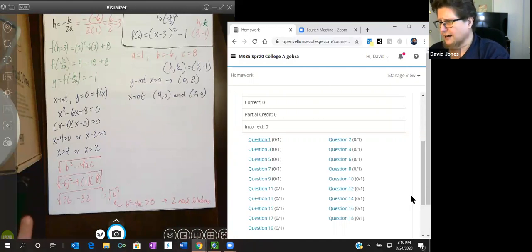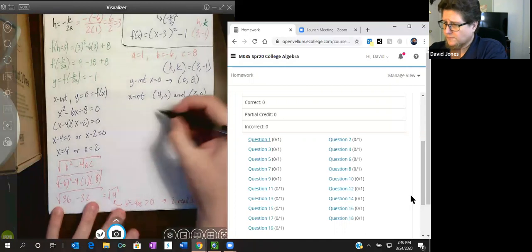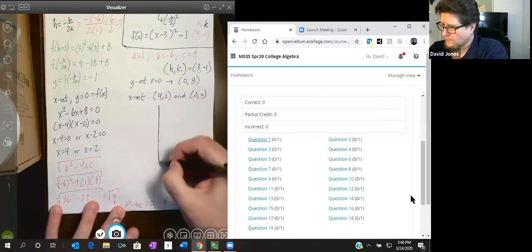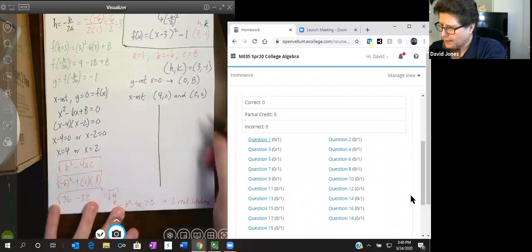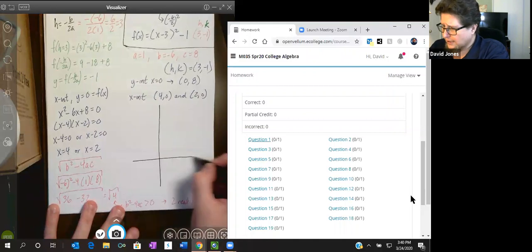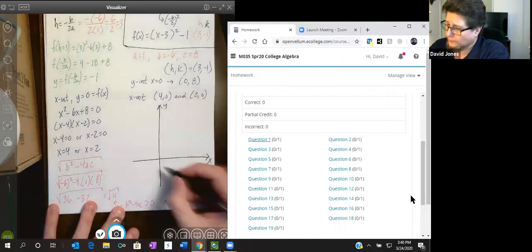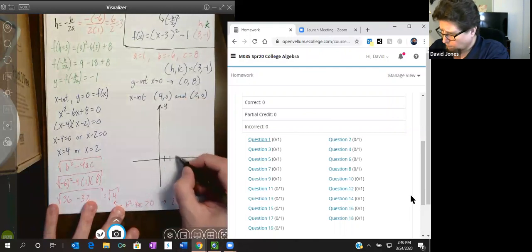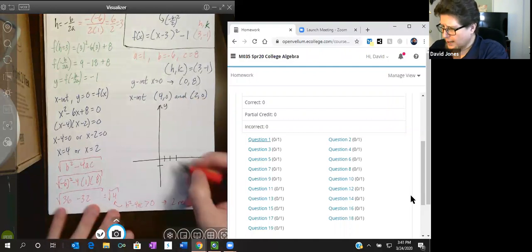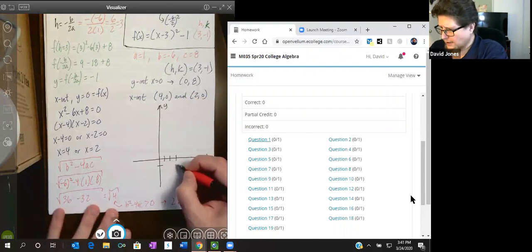Finally, we'll get down to graphing it. Let's see, my HK is (3, negative 1), and it opens upwards. So I'm going to make my graph taller on the top than the bottom. (3, negative 1) is right here.